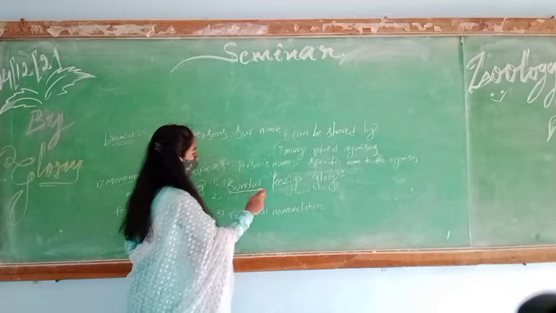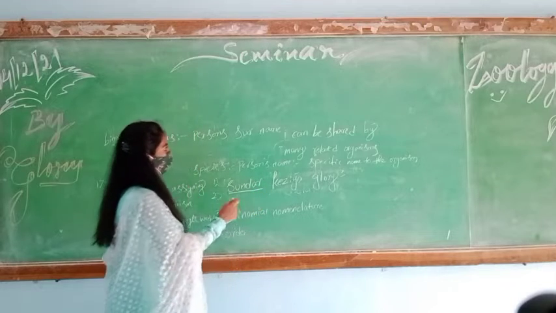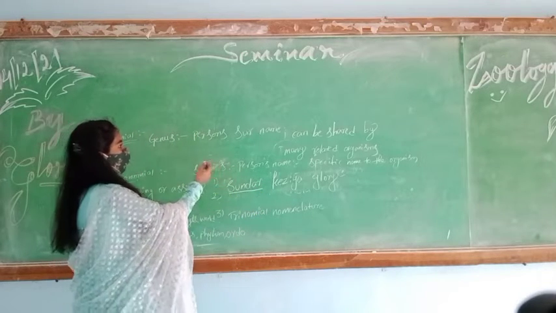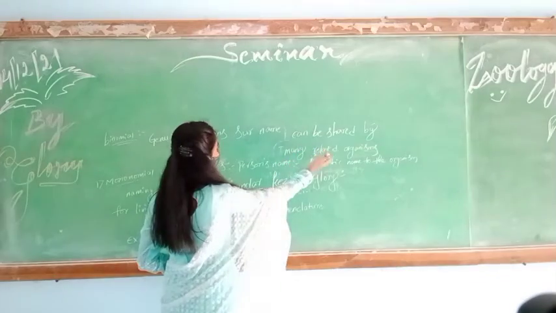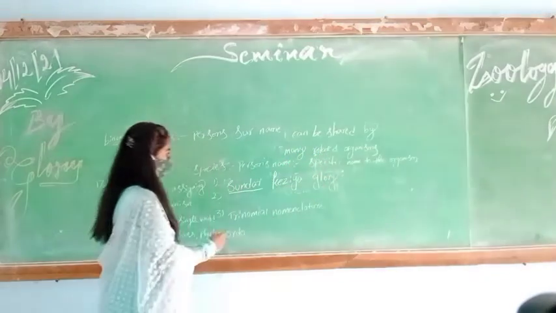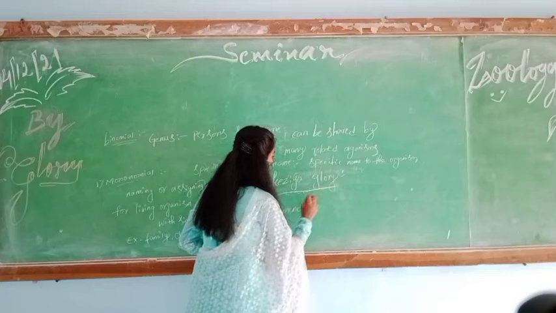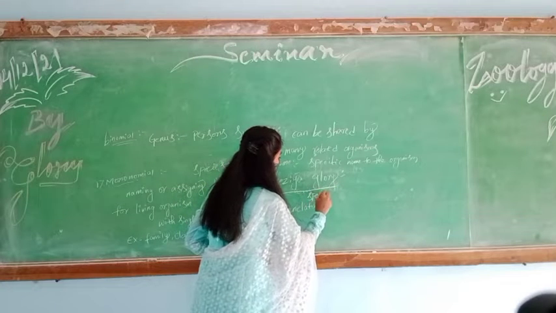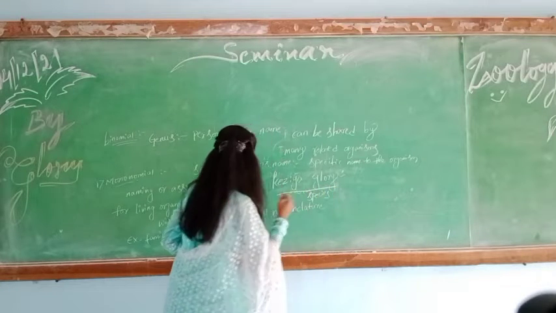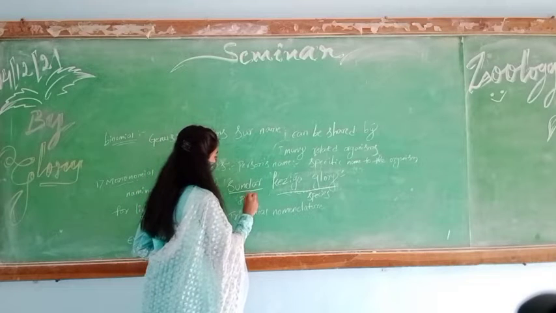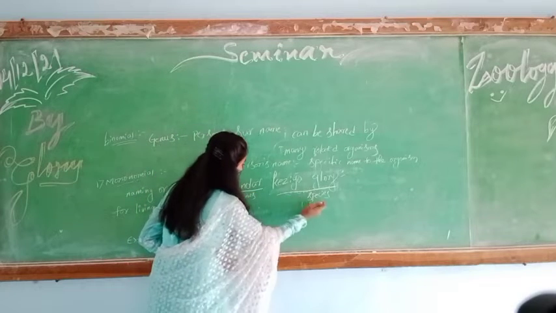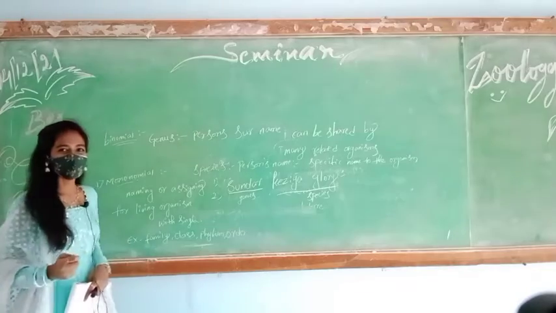My family members are all related to the Sundar name, so it can be shared by many related organisms. And Kezia Glory will be the species, and this is the genus. I am telling this as an example, but I am not an organism.